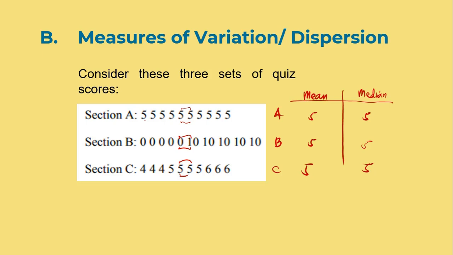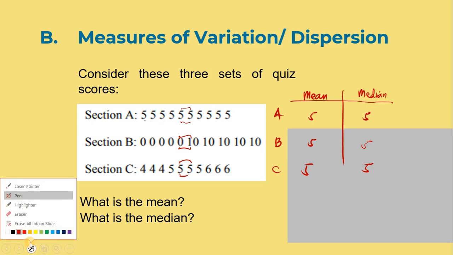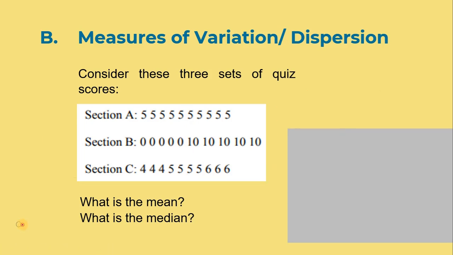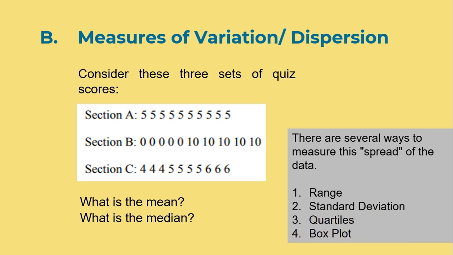Okay, so we then use the measures of variation or dispersion. So we have range, we have standard deviation, and quartiles, and box plot. So kaning upat kabuok atong studyhan in the next slides.